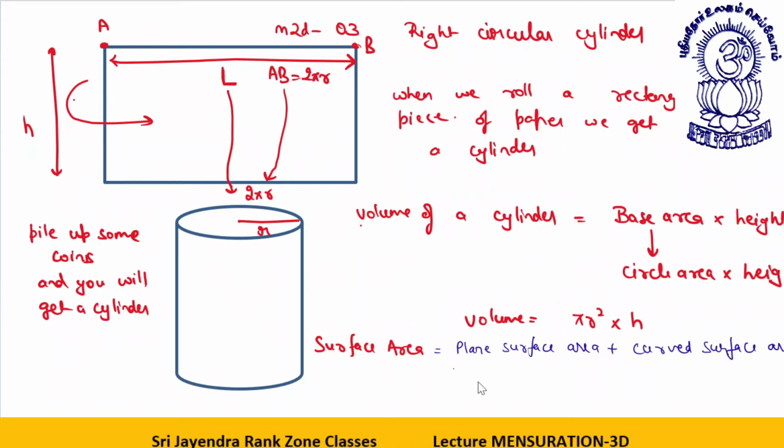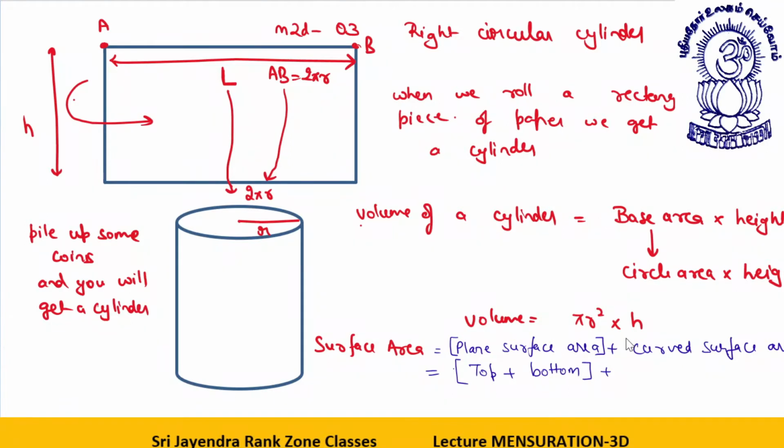What is the plane surface area? Plane surface area is top plus bottom. This I am keeping in square brackets. Plus curved surface area, which I put in these brackets.